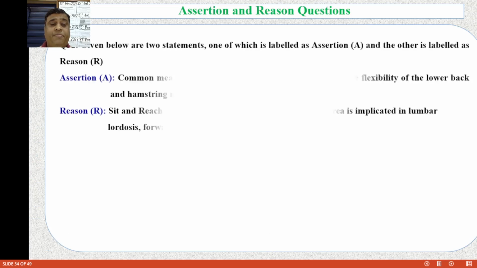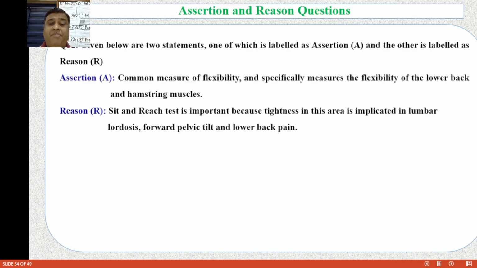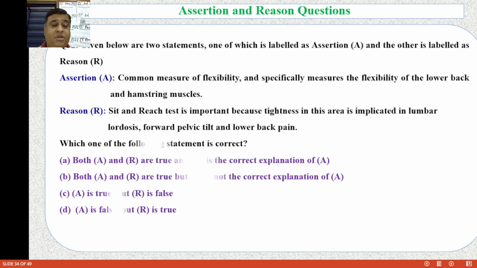Question number 32. Assertion: a common measure of flexibility, specifically measuring the flexibility of the lower back and hamstring muscles. Reason: the sit and reach test is important because tightness in this area is implicated in lumbar lordosis, forward pelvic tilt and lower back pain. Which of the following statements is correct?